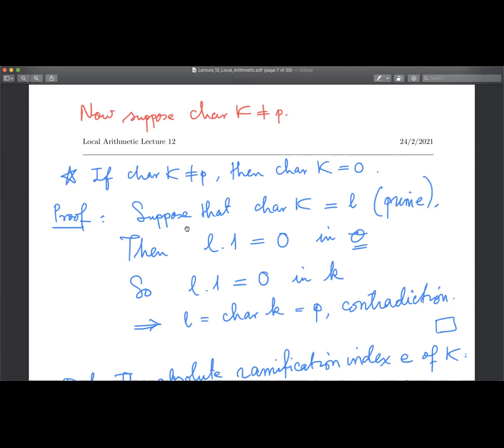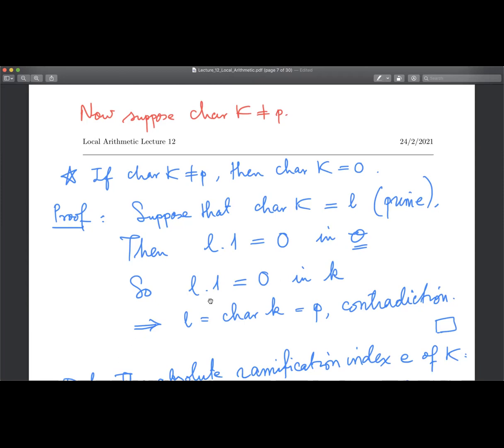Okay, so let's start with the assumption. Let's assume that the characteristic of K is some prime l. Then l times 1 is going to be equal to 0 in the ring O, because that's what it means for capital K to have characteristic l. So l times 1 is going to be 0 in the residue field as well.